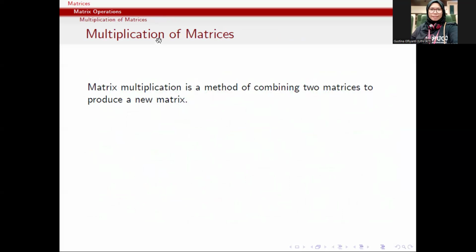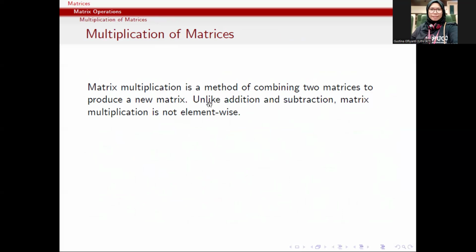Now we continue to multiplication of matrices. Matrix multiplication is a method of combining two matrices to produce a new matrix. Unlike addition and subtraction, matrix multiplication is not element-wise.